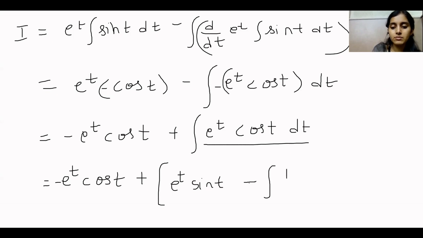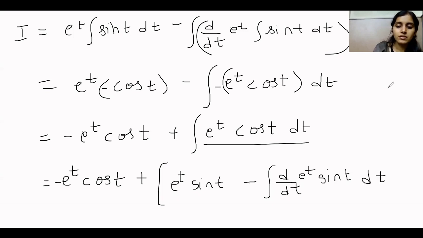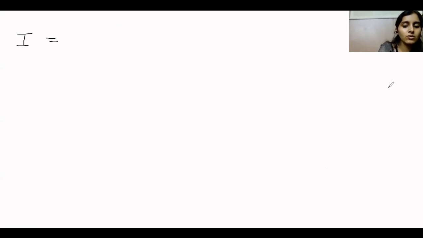Minus integral d by dt of e raised to t, integral of cos t is sin t dt. Okay. Now, this can be written as I is equal to, or rather, I'll write the value of I so you know how we are solving this.